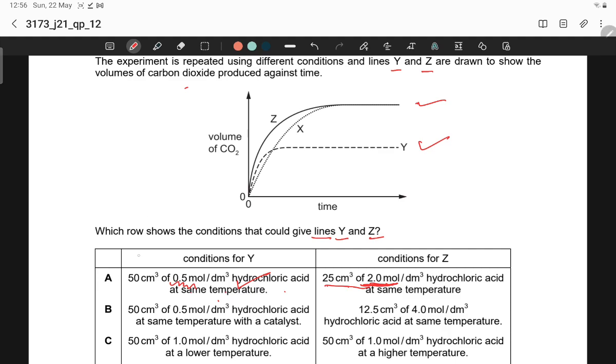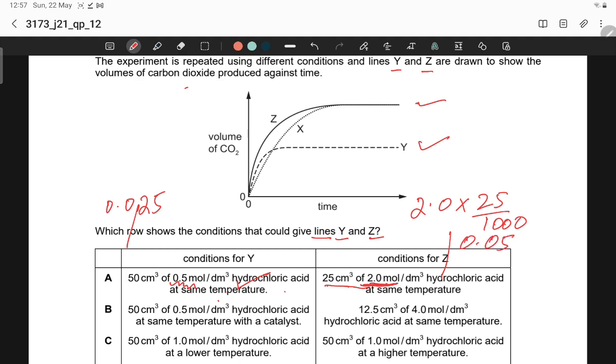So in this reaction it is 0.00025, and in this reaction 2 into 25 divided by 1000 is equal to 0.05.